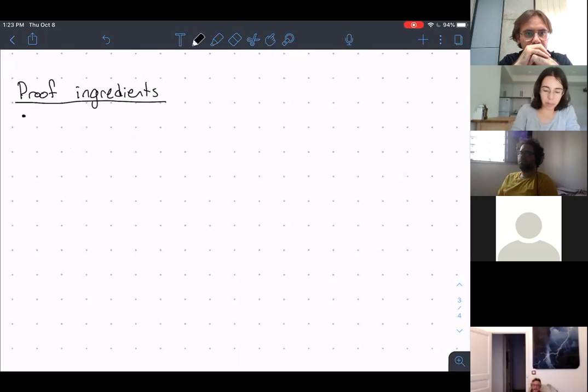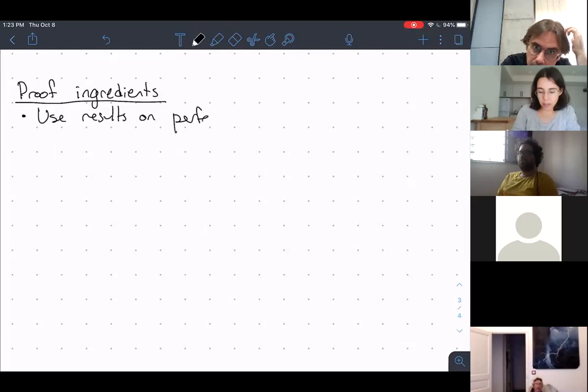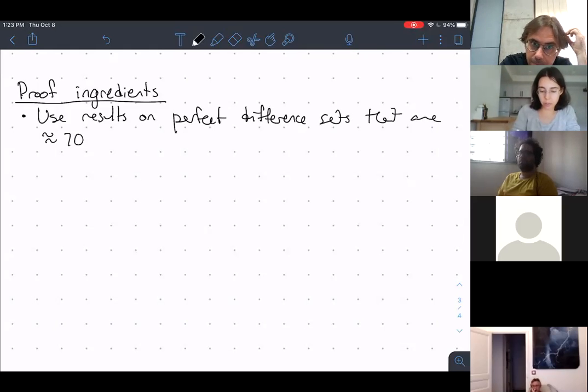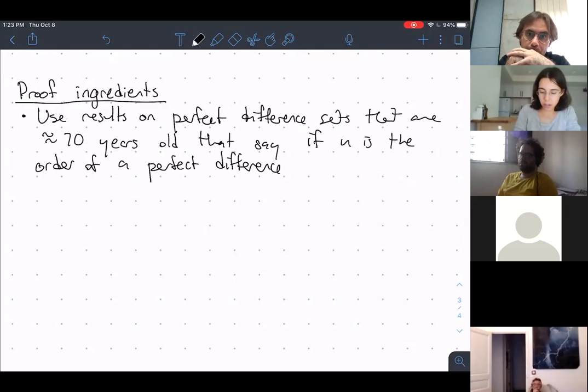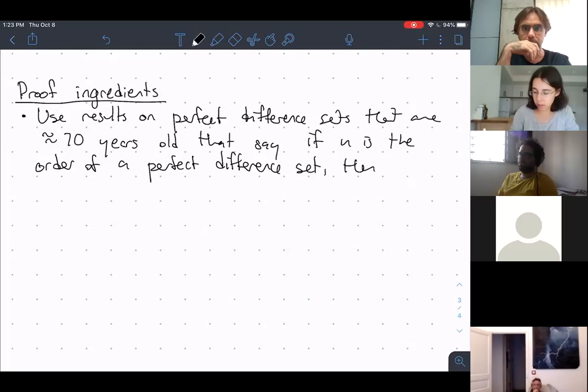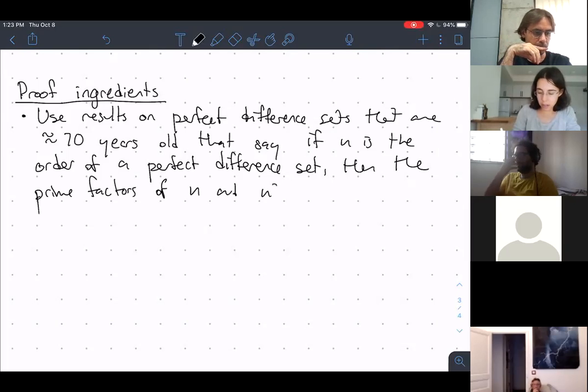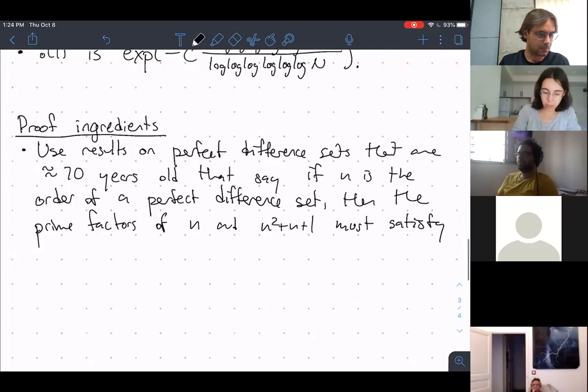What I really rely on are some fairly old results on perfect difference sets, about 70 years old, that say if n is the order of a perfect difference set, then certain relations between the prime factors of n squared plus n plus 1 and n must hold.